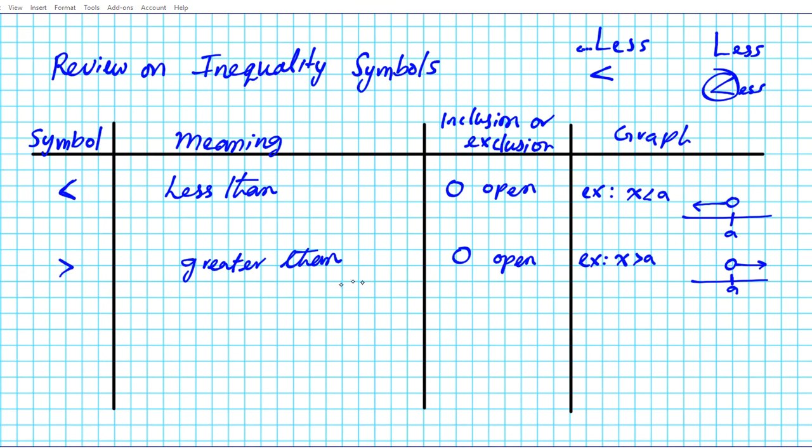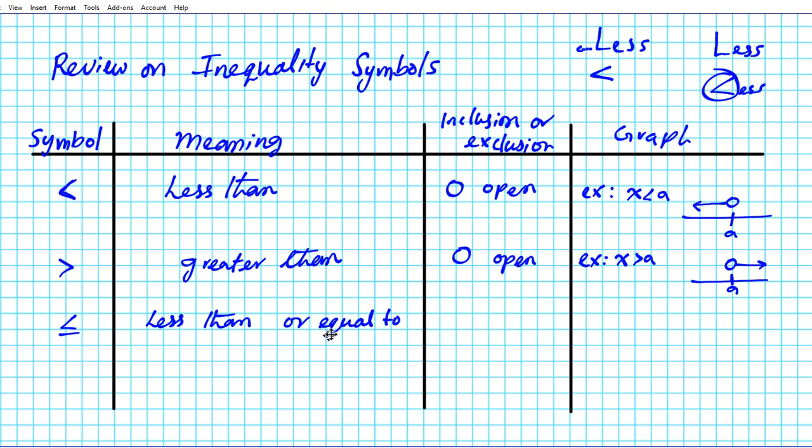Alright, let's take a look at the next inequality symbol. The next inequality symbol is less than or equal to. Okay, so write it as less than or equal to.